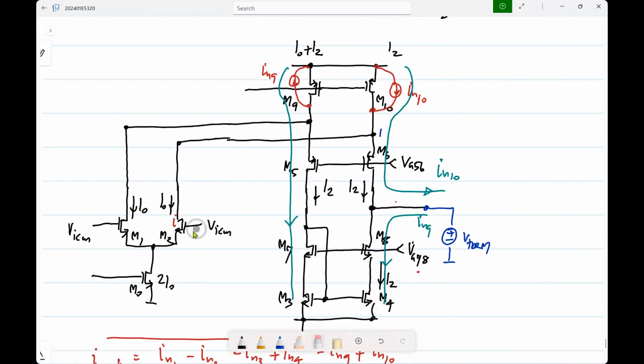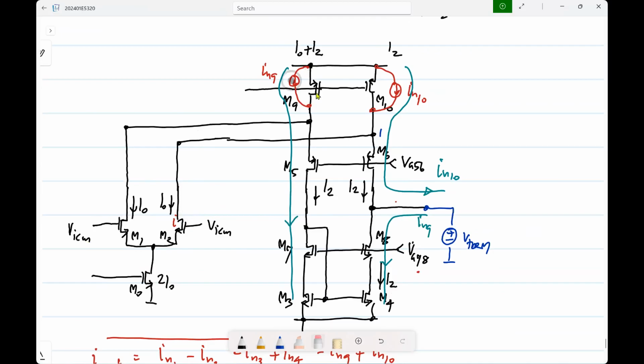So the input voltage and the output swing limit were connected. Now it is not. You can see that these two transistors are isolated from the output. So the output swing is not dependent on the input common mode voltage, whereas earlier, in the simple differential pair or the telescopic cascode, the input common mode also introduces some constraints to the output swing. So that way this offers a higher output swing, and that's the main use of it.